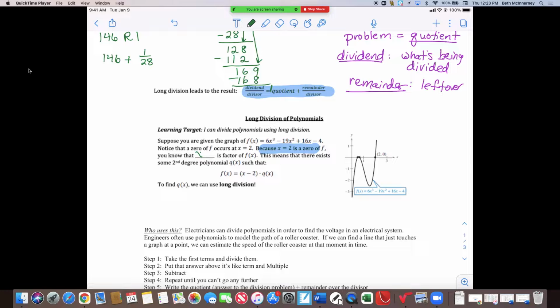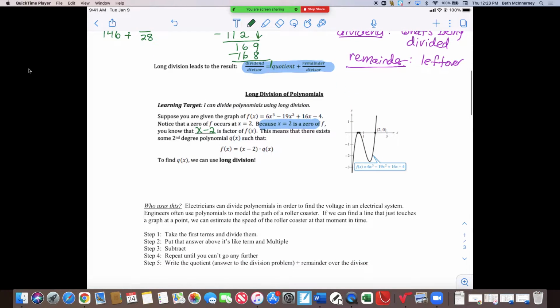I would write x minus 2. So this means that there is some second degree polynomial, I'll call it q of x, such that, and I want you to use a highlighter, f of x I could rewrite as x minus 2 times q of x. To find that, we're going to have to use polynomial long division.